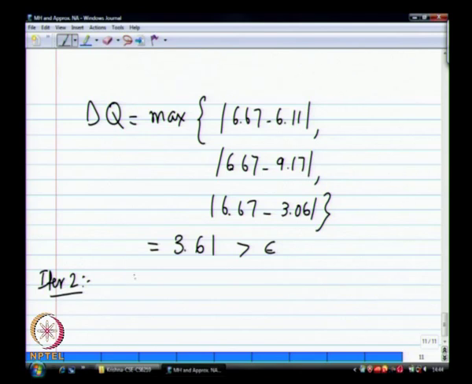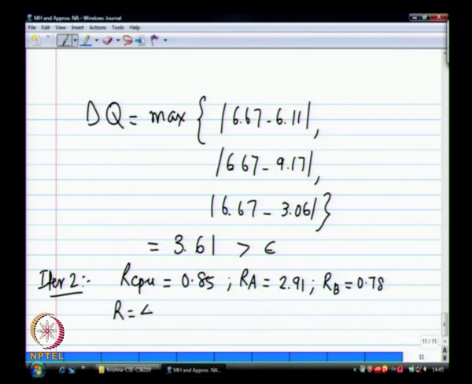Our CPU gets recomputed to be 0.85, RA is upward revised, RB is 0.78, and then R itself is 44.64 seconds, the X becomes 0.39. So this is the same computations repeated with the new values of Qs.